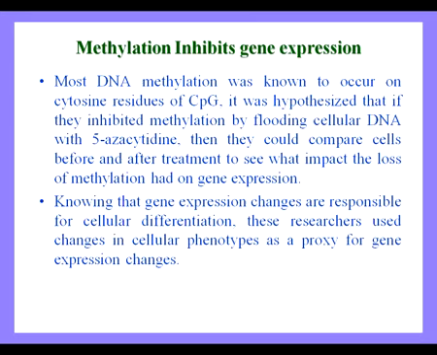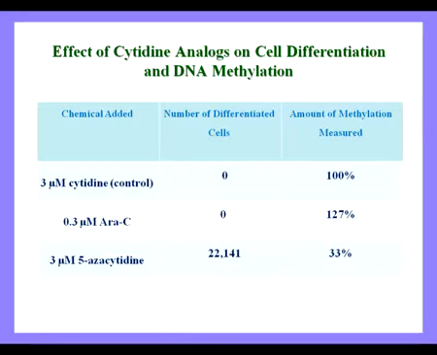Knowing that gene expression changes are responsible for cellular differentiation, these researchers used changes in cellular phenotypes as the parameter. When they cultured cell lines, any change in the phenotype of the cell was taken as a proxy for gene expression in the cells.